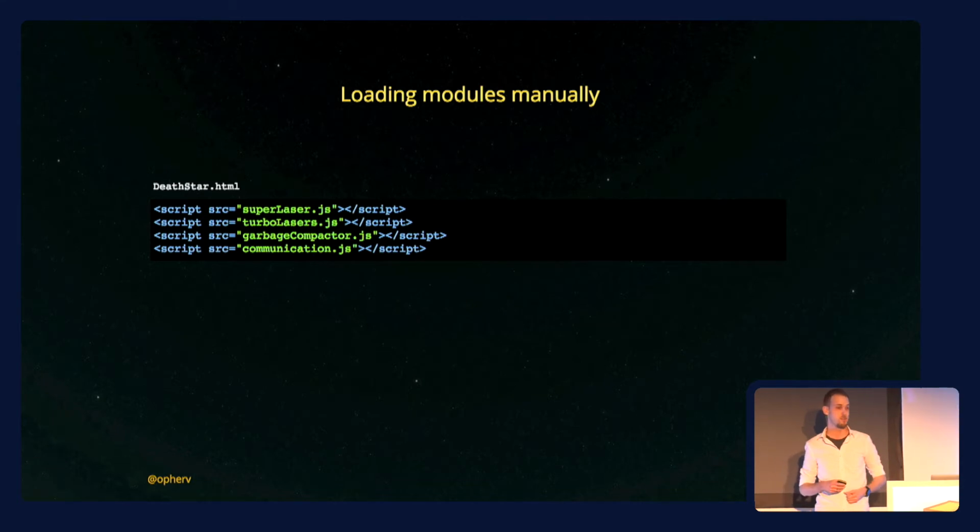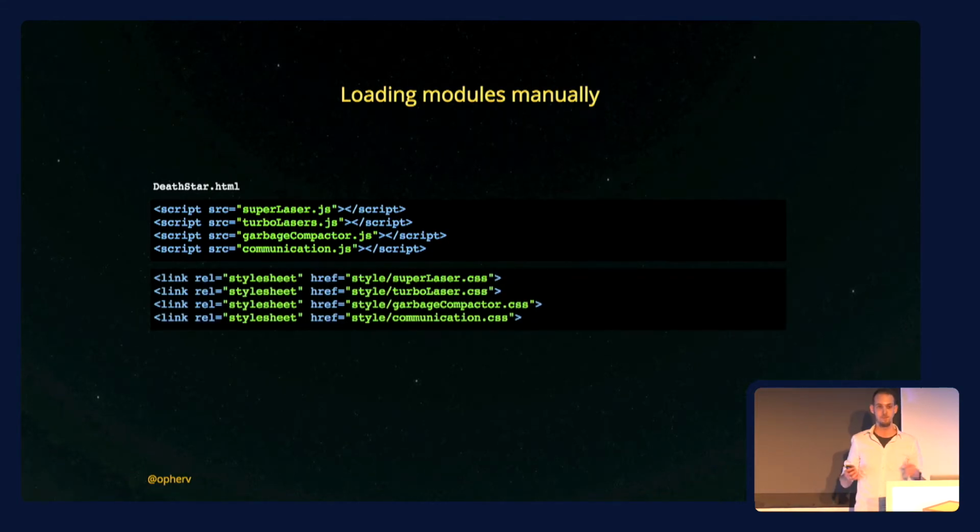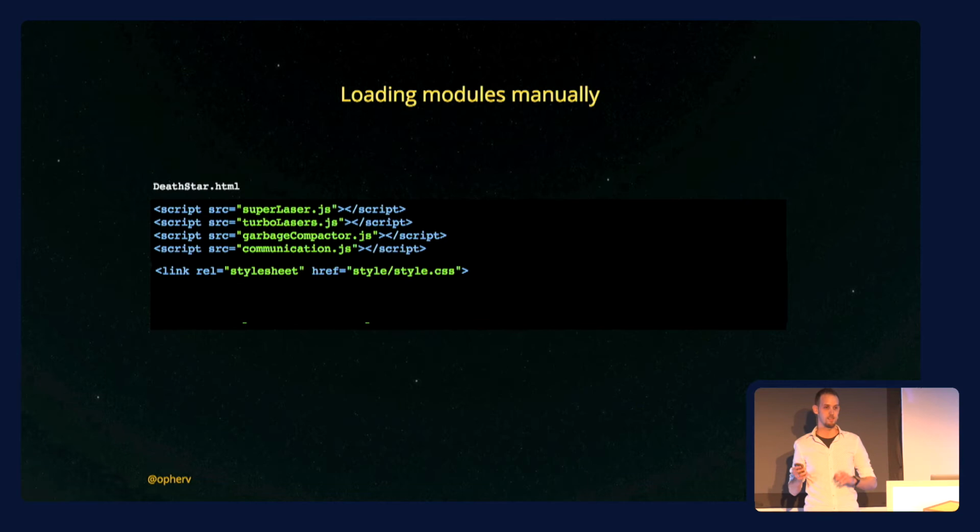So you have superlaser.js, and you have turbolaser.js, and so on and so on. And these have to be styled, of course. So you have different style sheets for each of the different components. And maybe you're a bit more advanced, so you're using a preprocessor like Sass or Less or Stylus, whatever you want. So you have one style CSS for your entire Death Star.